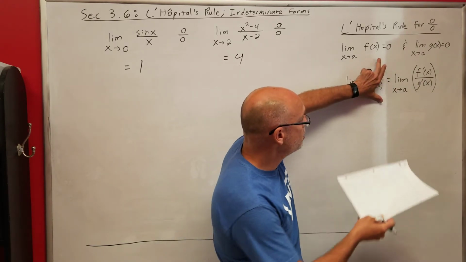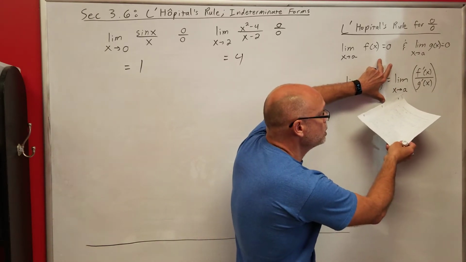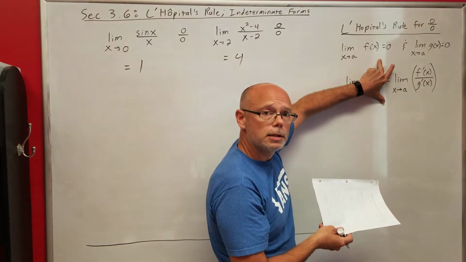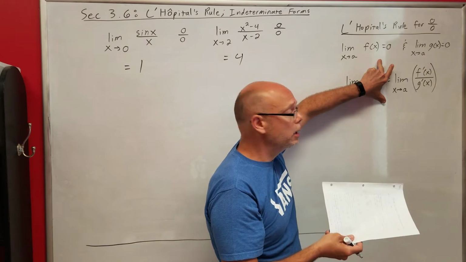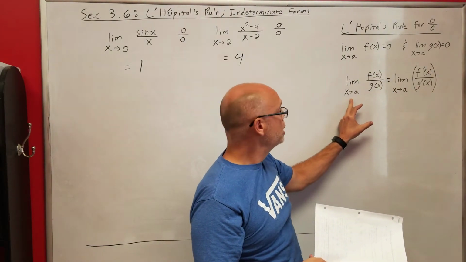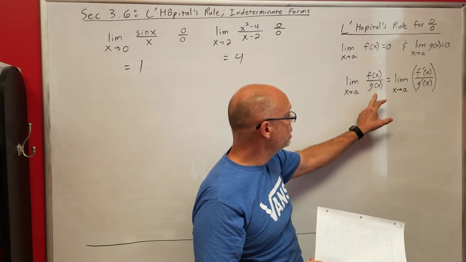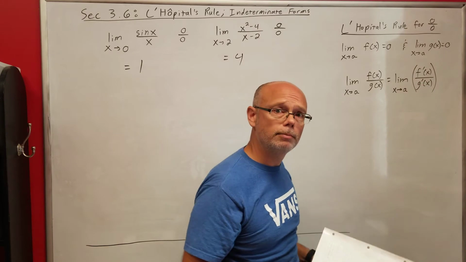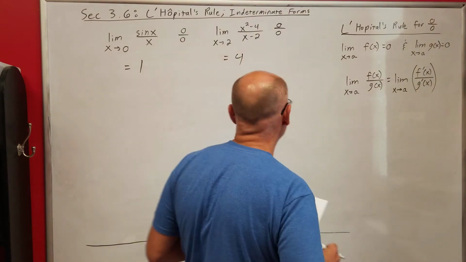And suppose that the limit as x approaches a of f prime over g prime exists, or it's infinity or negative infinity. Then you can say the limit of f over g is equal to the limit of f prime over g prime, and calculate that limit instead.